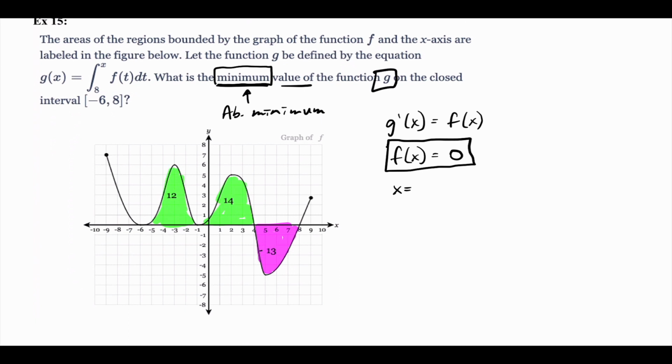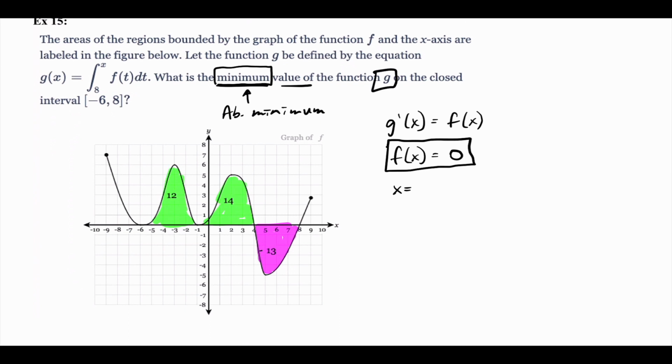Well, first of all, where is f of x? F of x is the graph. Okay. So how do we know when the graph equals 0? When it crosses, when it touches, when the y value is 0.